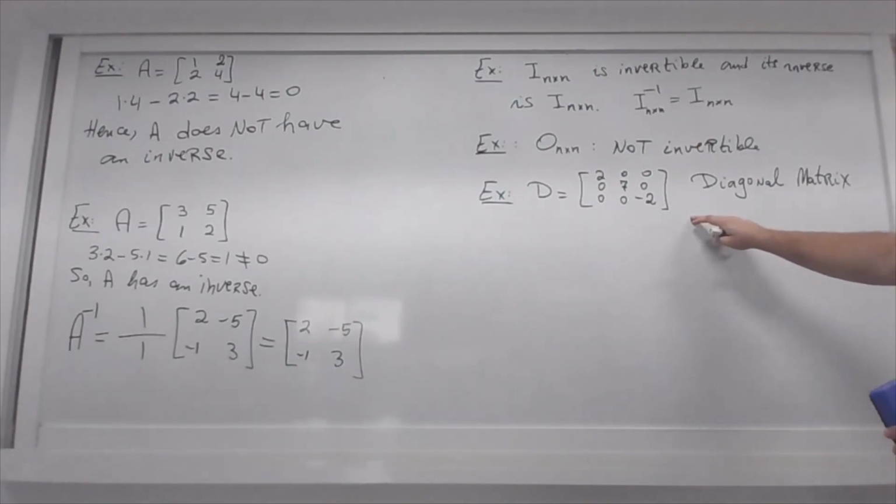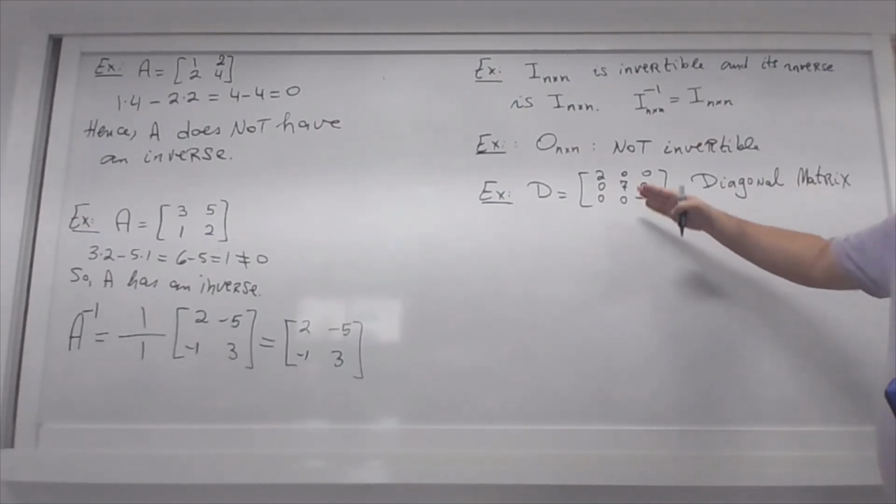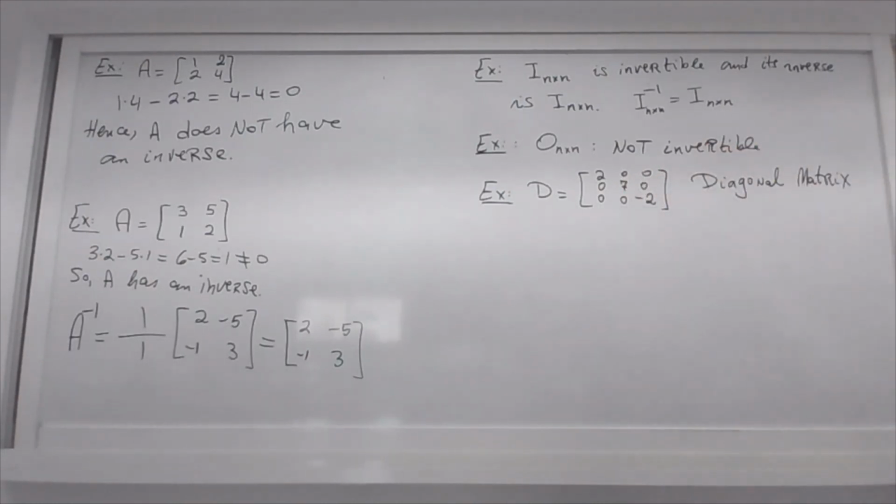Another easy case are diagonal matrices. So we remember a diagonal matrix is the one that has 0 off the diagonal. On the diagonal you can have whatever you want. So if the diagonal entries are all different from 0, then the diagonal matrix is invertible.